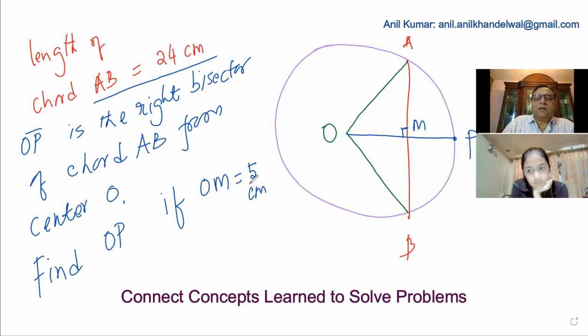Find OP if OM is 5 centimeters. So what I've given you here is, this is 5 centimeters, and A to B is how much? 24. Tell me, how will you do it?